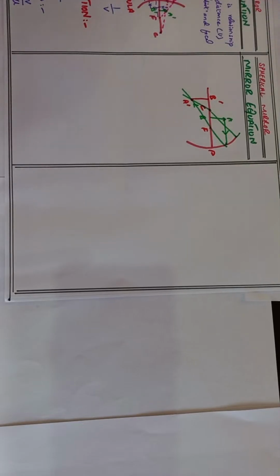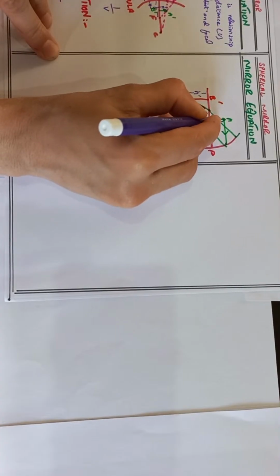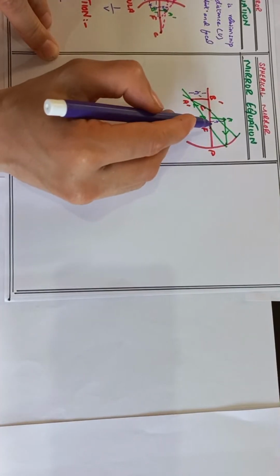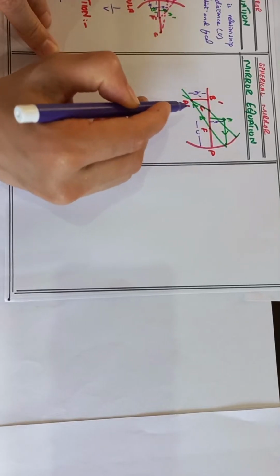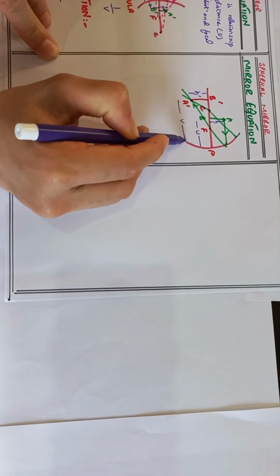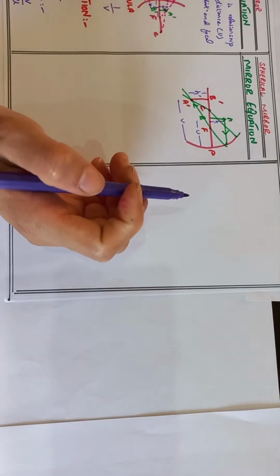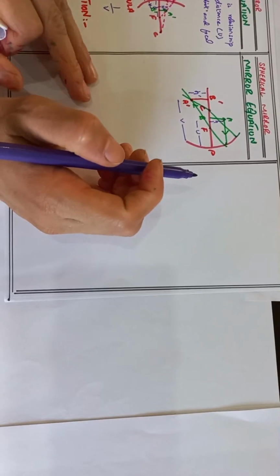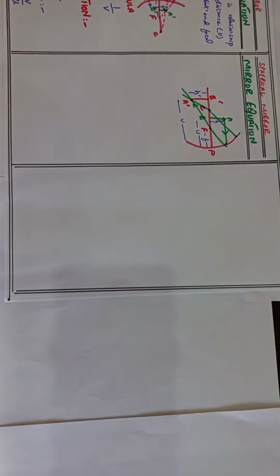So this is the height of the image, represented by h', and the height of the object, represented by h. Object distance from the pole of the mirror is u, and image distance from the pole of the mirror is v. Focal length is the distance between the focus and the pole of the mirror, that is f.